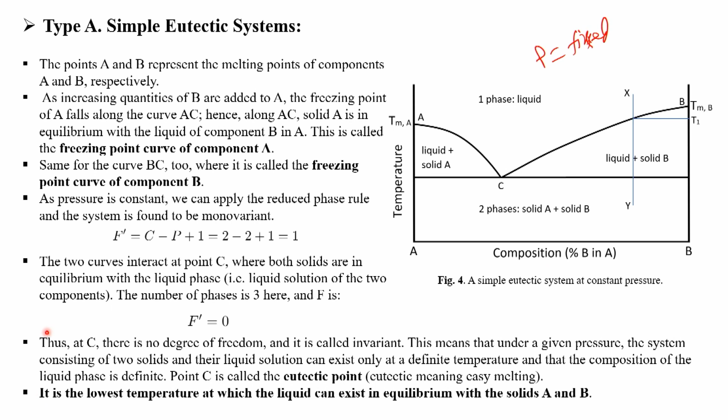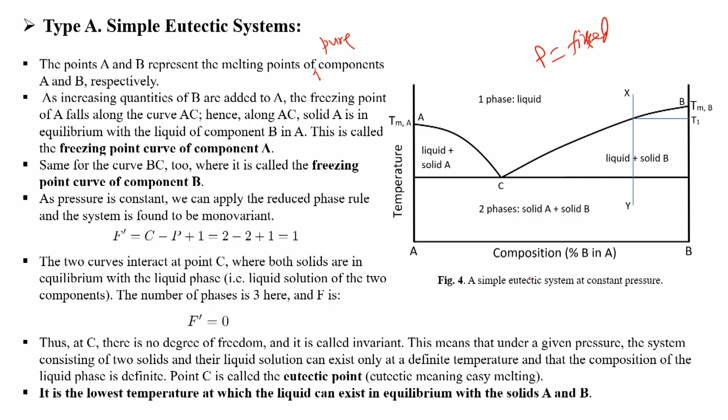The points A and B, here you see point A and point B, represent the melting points of the pure components A and B respectively.